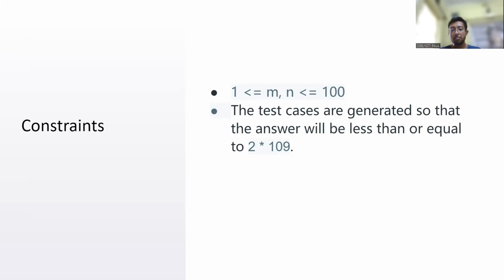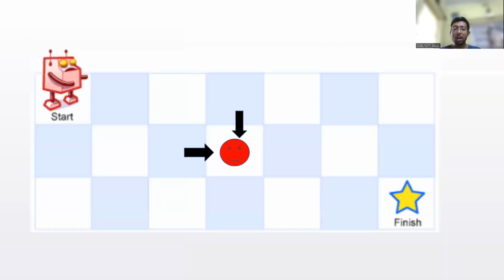Again, just to recap, we are looking at a grid, and a robot is sitting at the top leftmost corner of that grid, and it is trying to traverse to the bottom and rightmost corner, the one that is marked with finish. At each step, the robot can only move either to its right or down.